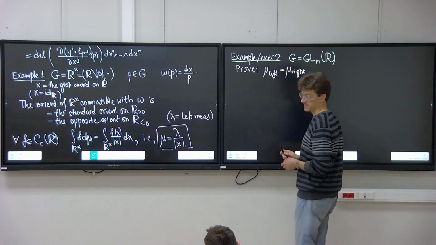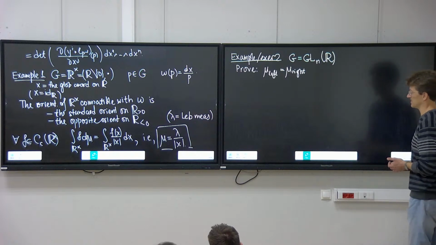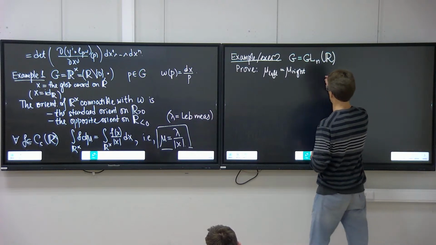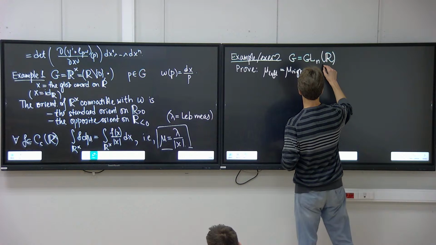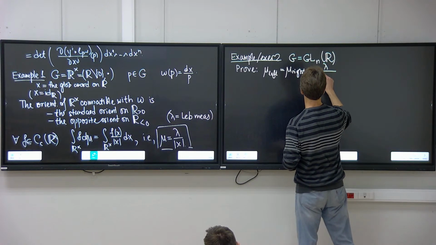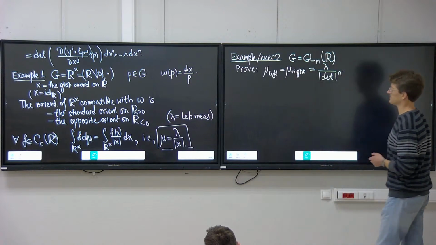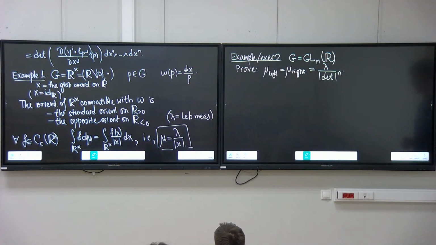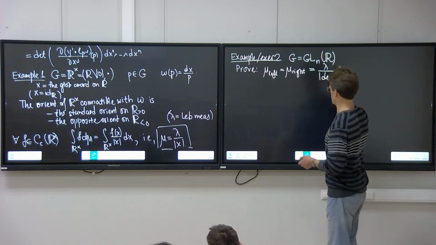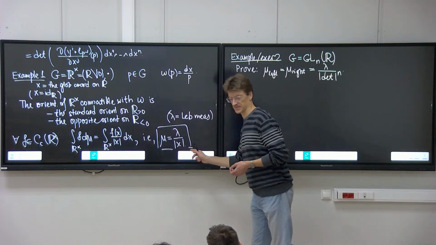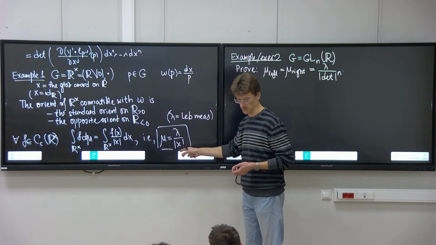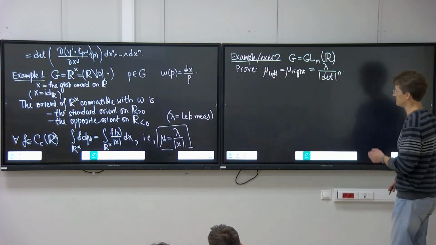The group is not abelian, but the left and the right Haar measures are the same. And they are given by the following formula. This is the Lebesgue measure divided by the nth power of the absolute value of the determinant. So clearly this formula generalizes this one. This corresponds to the case where n equals 1, and this is the general case.